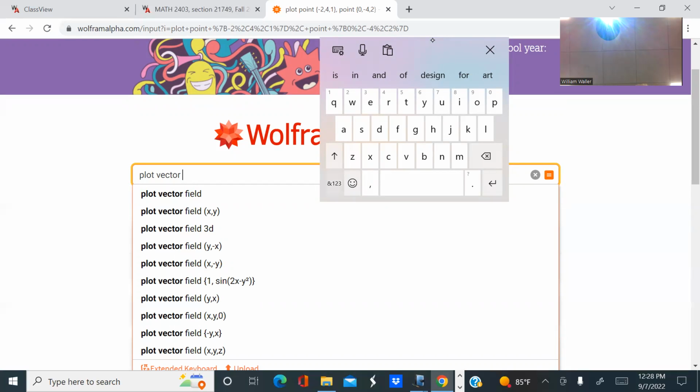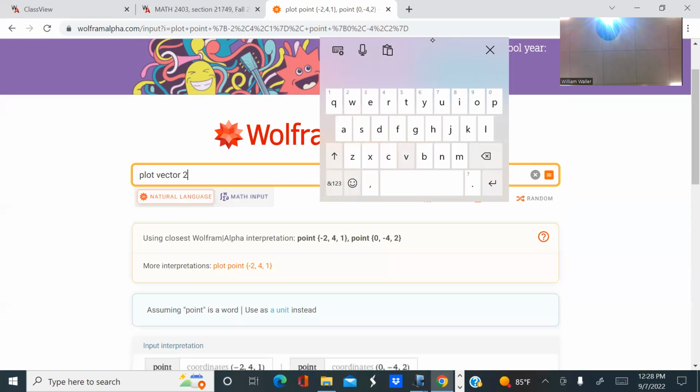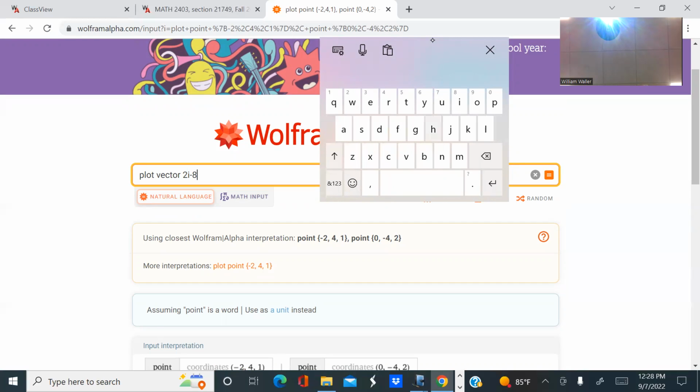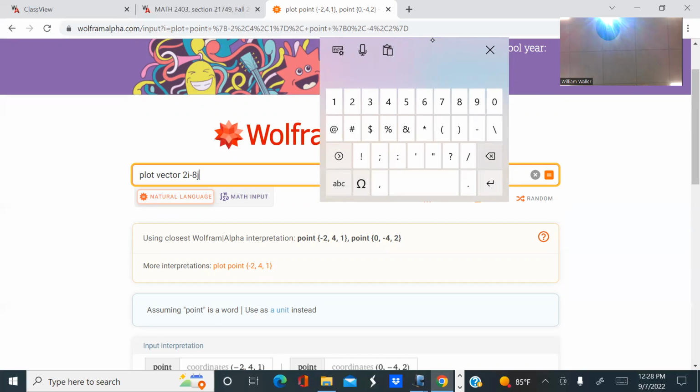So what was it? 2i, and then what, minus something? Minus 8j. And then plus, was it 1? It only had an elevation of 1, right? So plus, where's plus on here?